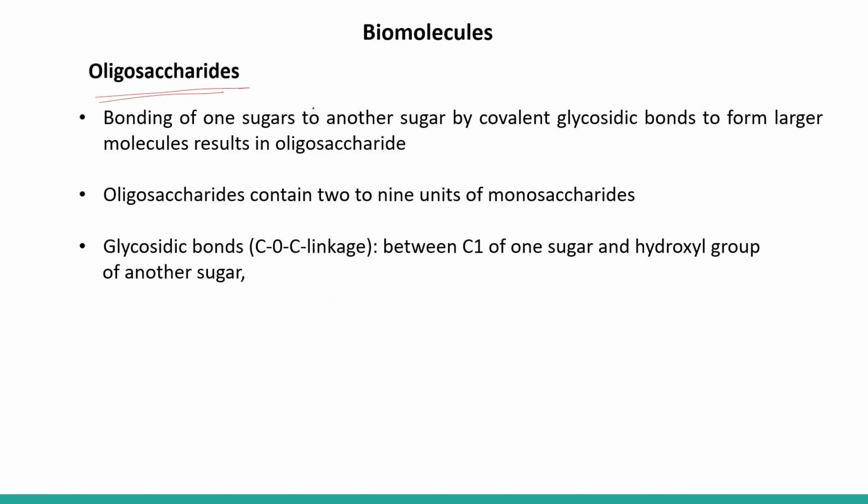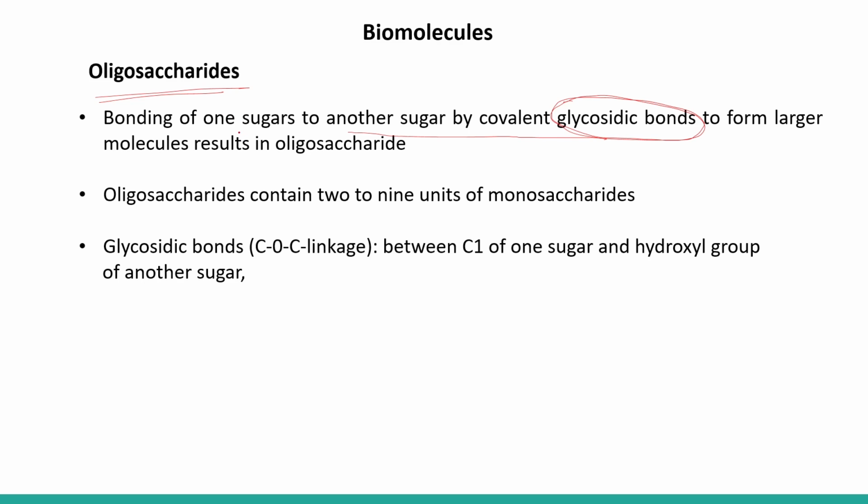Oligosaccharides. Now, bonding of one sugar to another sugar by a covalent glycosidic bond. If you remember, amino acids get attached to other amino acids. They form a bond, and that particular bond is called a peptide bond. That is also a covalent bond.